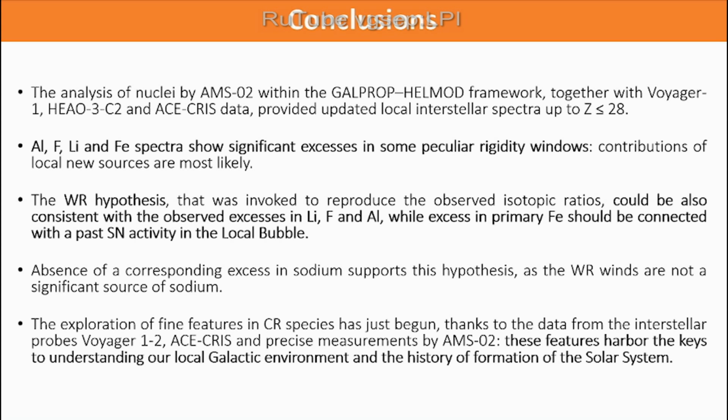The Wolf-Rayet hypothesis, as I told, could also be consistent with the observed excess of lithium, fluorine, and aluminum, whereas for iron, the excess should be connected with past supernova activity in our local bubble. The absence of a corresponding excess in sodium supports, as I said, this hypothesis.